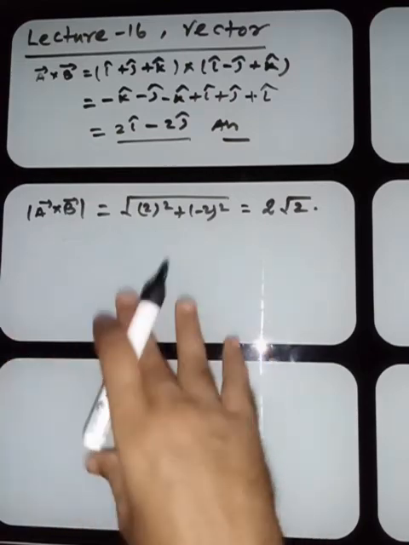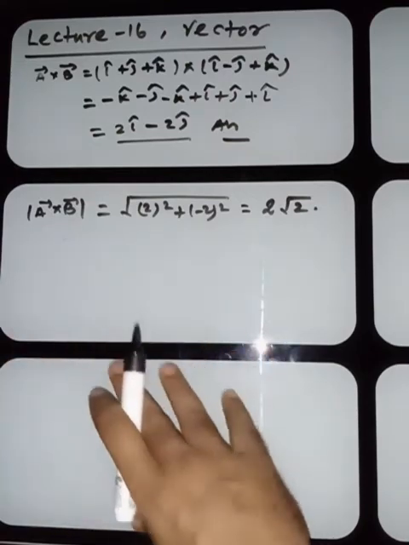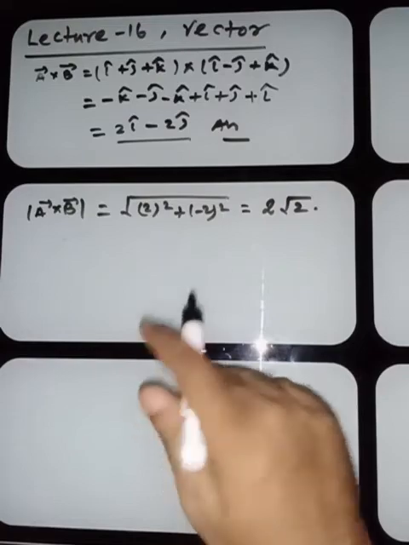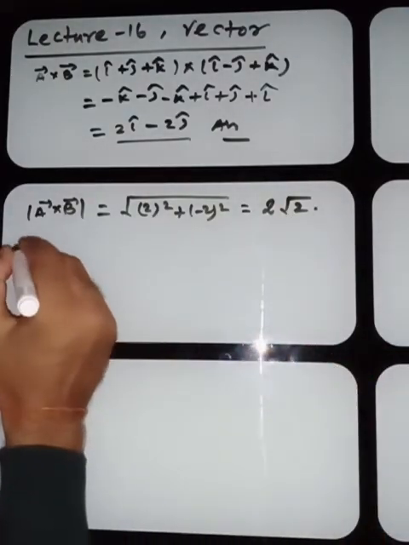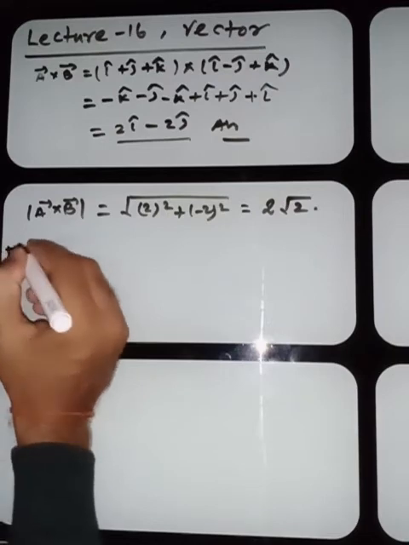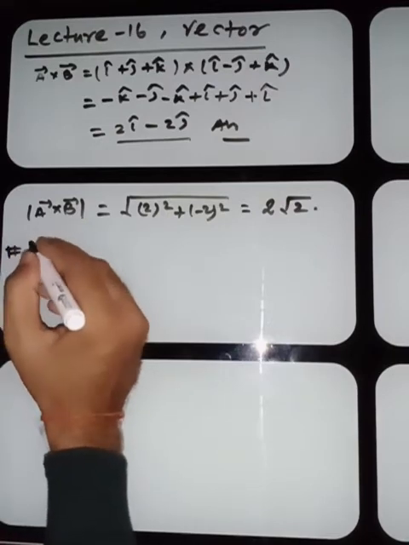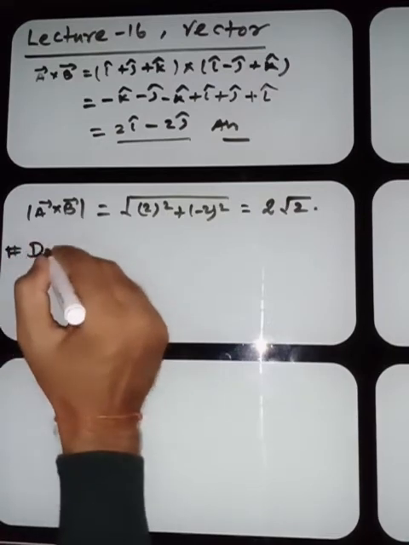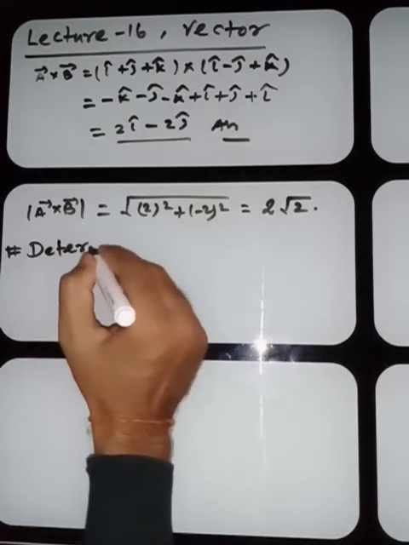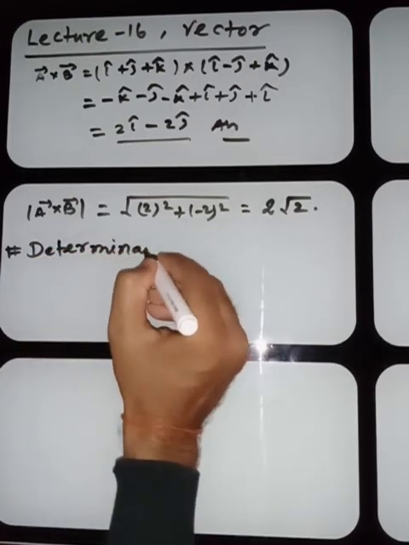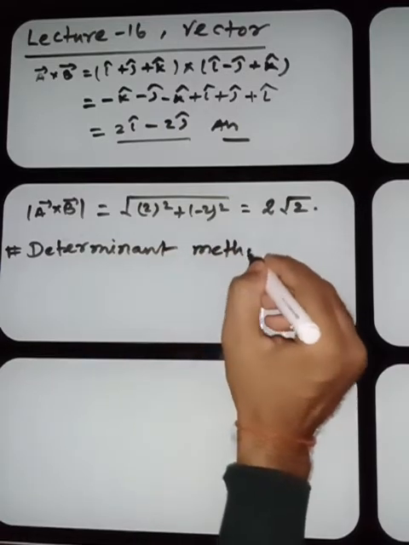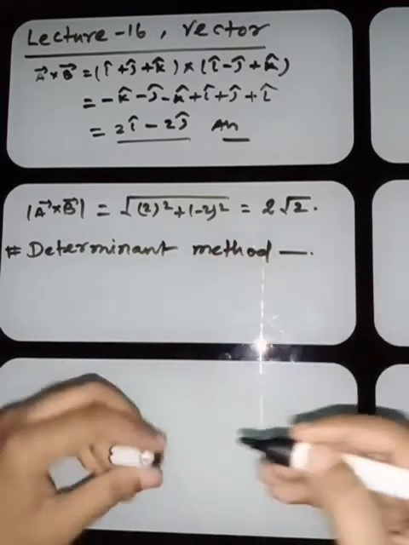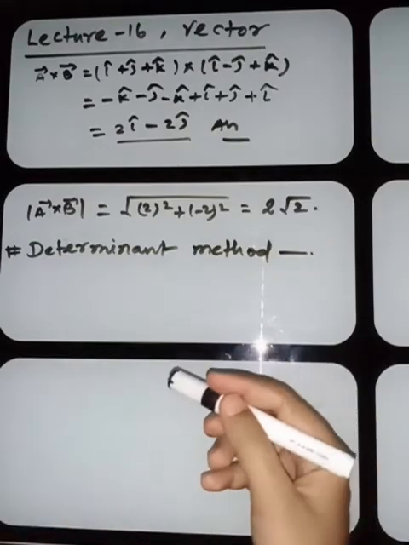Now the second method we are going to study here is called the determinant method. My dear students, this is a very important method, the determinant method.